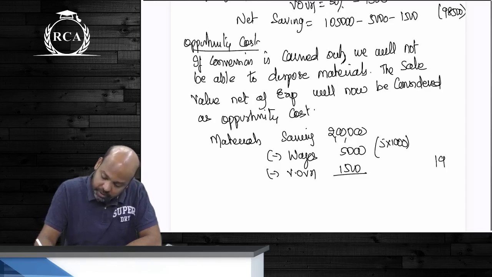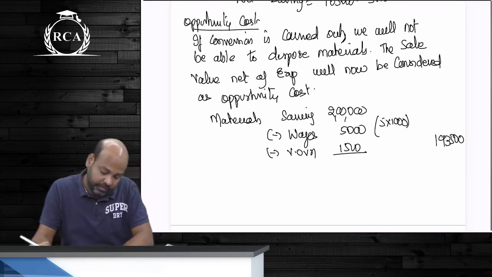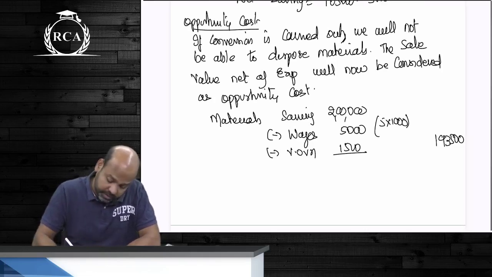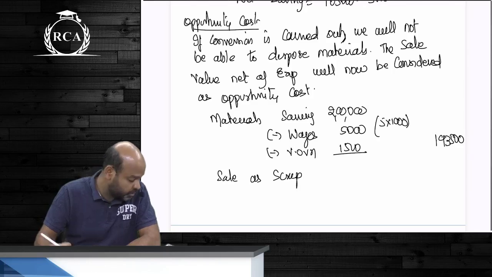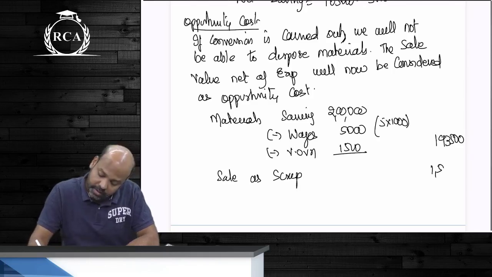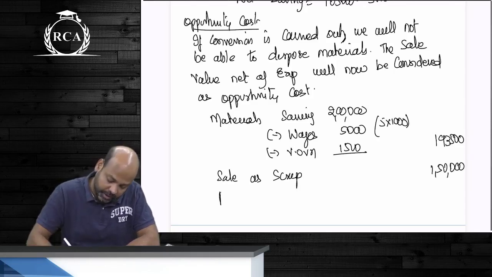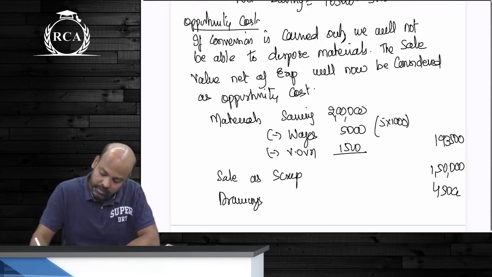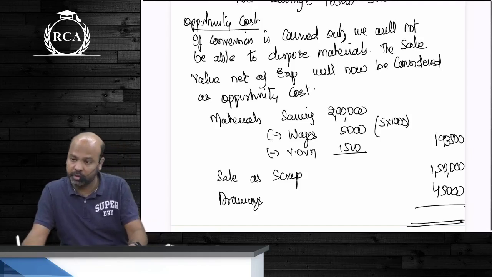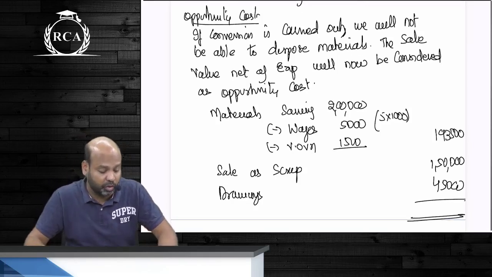So my net cost is 1,93,500. Sale as scrap, how much can I sell for? 1,50,000. What will be the amount of drawings that I would have sold? Sum up the total value, guys. Arrive at the sum total of all of these expenses.